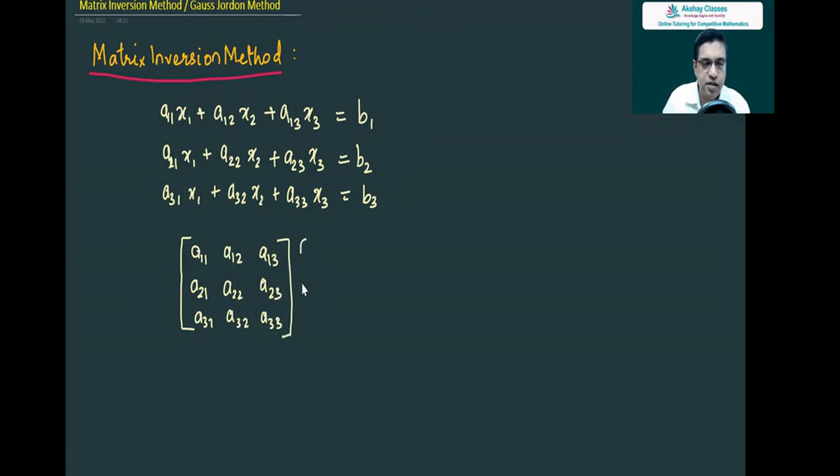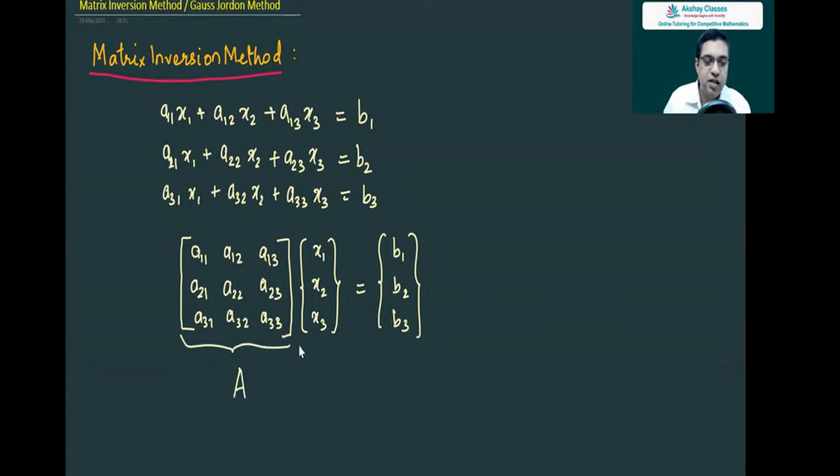This forms a matrix, then a column matrix or the column vector of the unknowns, is equal to the column vector of the constants. So we write this is A, this is X, and this is B. We know that. So we have the equation A into X equal to B.